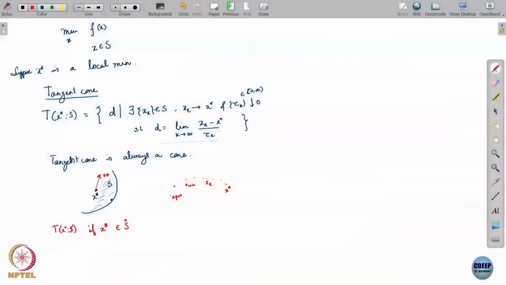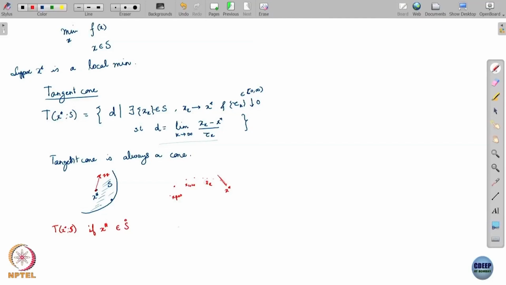So, x k minus x star divided by tau k as k tends to infinity would end up pointing along this sort of direction, the limiting direction by which you approached x star along this trajectory.